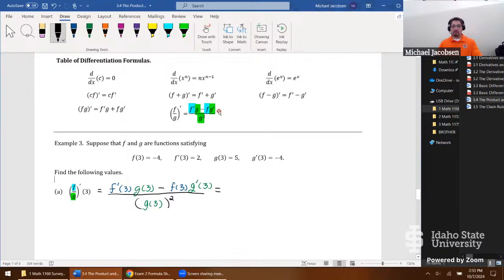Essentially, all I've done is put at 3 using this formula every time a f or a g appeared, or its derivative. And now when we're looking at this, we have f prime at 3 here, g prime at 3 here, so we can start plugging in all of these values. Any questions, folks, with this setup with the quotient rule?